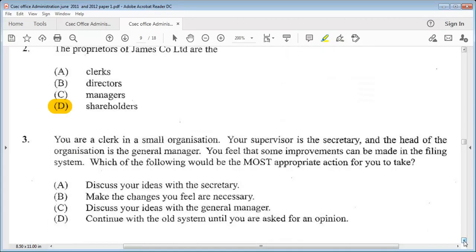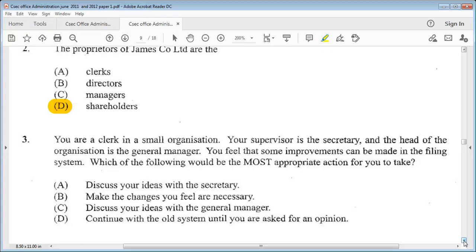Let's go on to question number 3. It says, you are a clerk in a small organization. Your supervisor is a secretary, and the head of the organization is the general manager. You feel that some improvements can be made in the filing system. Which of the following would be the most appropriate action for you to take?